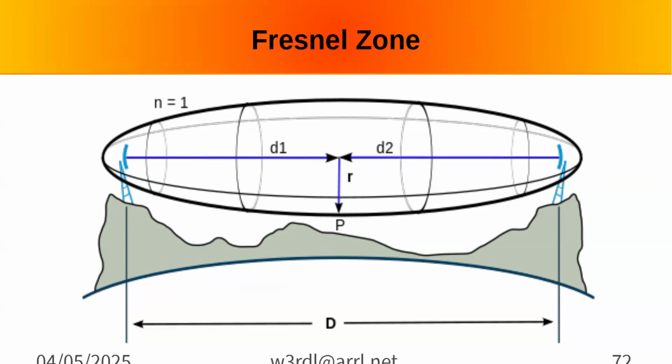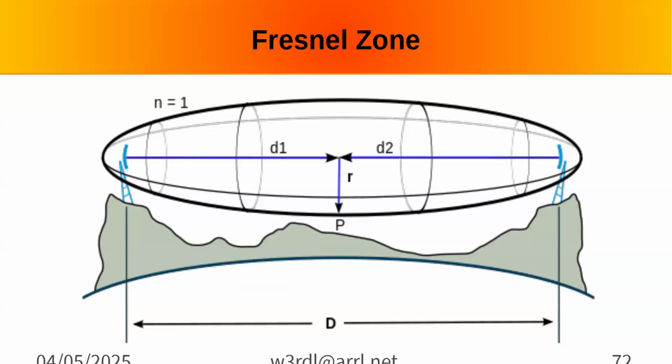And the frequency determines the diameter of that ellipsoid. And they divide it up into different zones. So when they're designing a point-to-point link, you have to look for obstructions that interfere with that ellipsoid. So in this case, they're clear of this little hump in the middle.